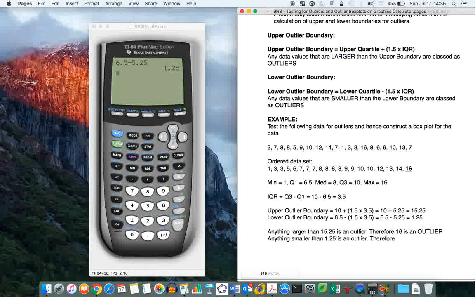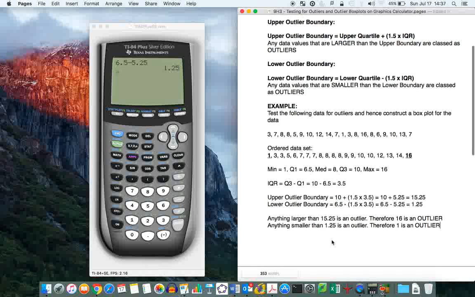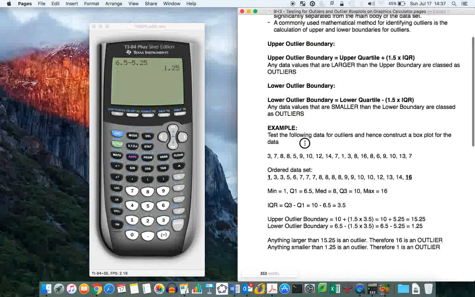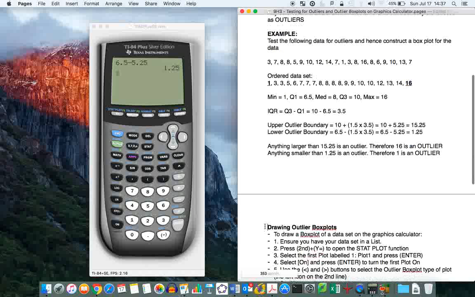Therefore, was there anything smaller than 1.25? Yes, 1 is an outlier, according to this calculation, this method. Okay? So that is how you test for outliers. We sorted the data, we worked out what the interquartile range was, and we worked out what the outlier boundaries were. And we determined that 16 was outside the boundary, so it was an outlier. And also 1 was outside the boundary, so it was an outlier too.